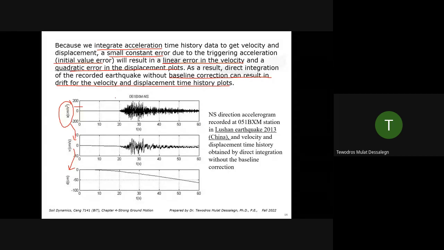You don't see that error in the acceleration initial record. But when you integrate it and look at the velocity, the 0 line is right here. Your velocity plot is supposed to vibrate over the 0 line, but you see this drift. The 0 line is around here, and the velocity plot is somehow going lower.